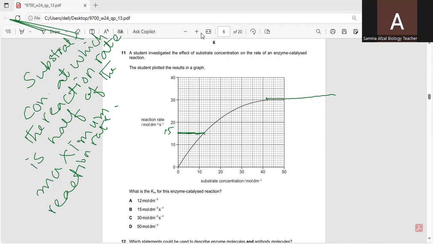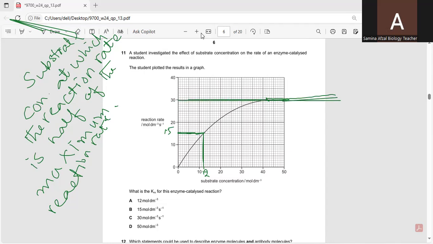So we have to find out the substrate concentration. The substrate concentration is 12 at half of the maximum reaction rate. So half of the reaction rate is 15. You can see the reaction rate levels off at 30.